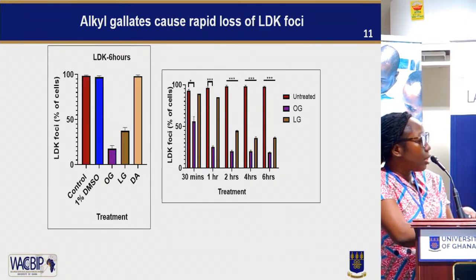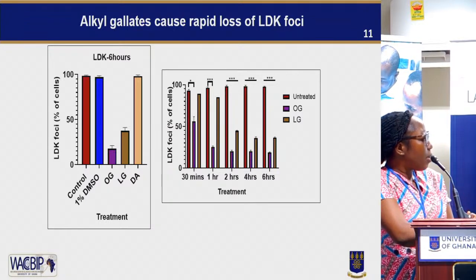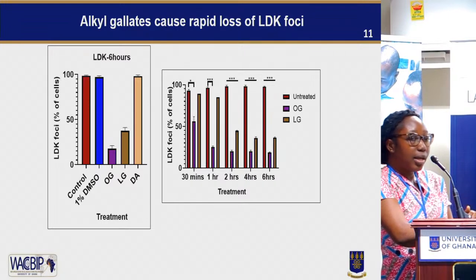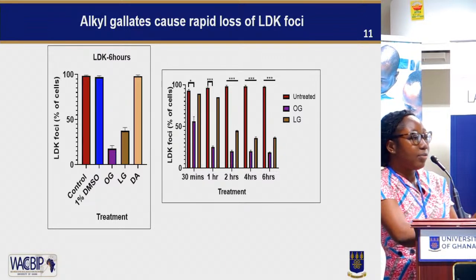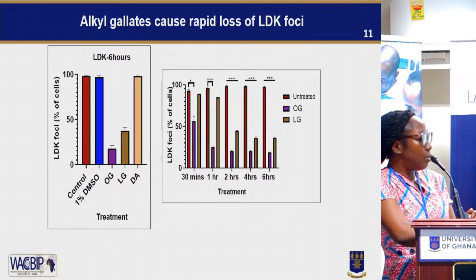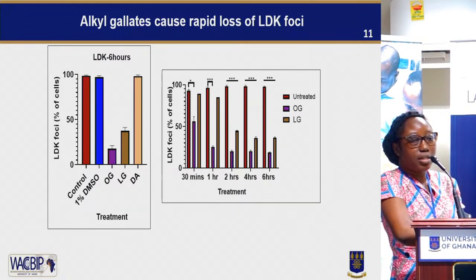And there was a gradual loss from 30 minutes all the way to 6 hours. However, for the cells that were treated with the other gallate, a significant loss in the kinase foci was shown when the cells were treated for 2 hours, from which they gradually declined to 6 hours. So this indicates a rapid loss in the kinase foci, and that could be suggestive of the mode of action of these compounds.